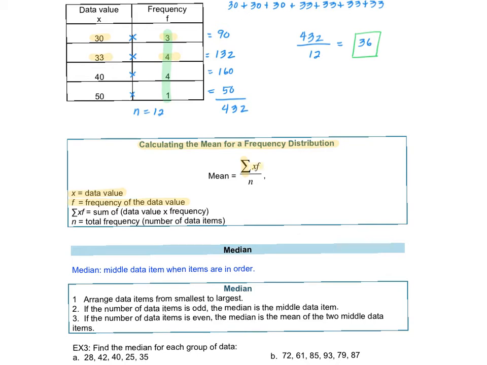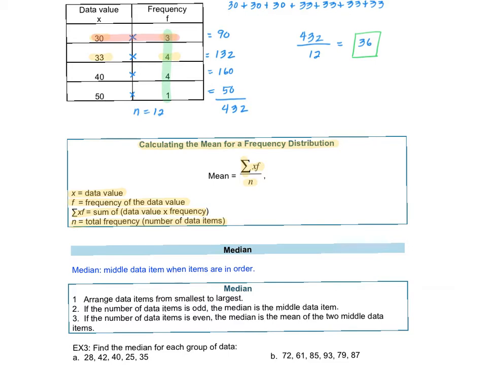So xf is simply what we did in the table. It's data value times frequency. So we're going to sum up the data values times the frequency, which is how we got the 432. And then we divide everything by n, the number of data items. So this is our mean, our average.